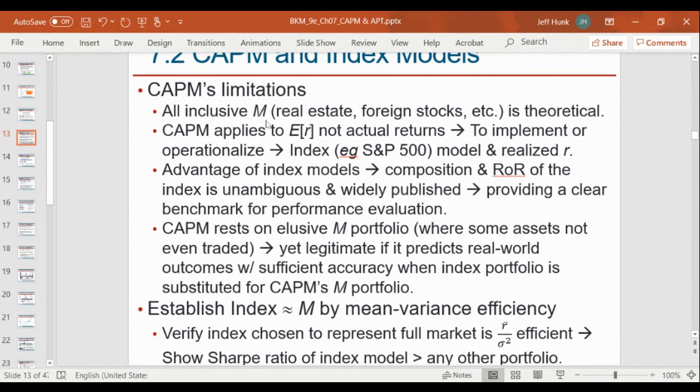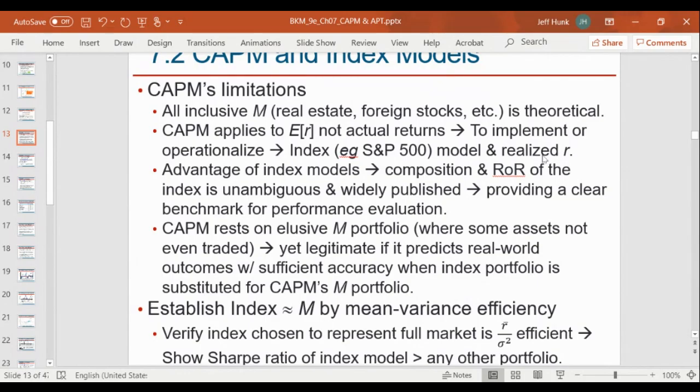It has to include all financial markets, including real estate, foreign stocks, commodities, foreign exchange, so it has to be a very comprehensive and inclusive portfolio. But it's only theoretical, because in reality you cannot keep track of all of them throughout time.